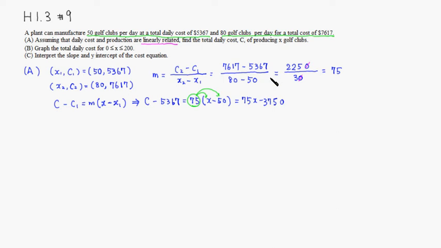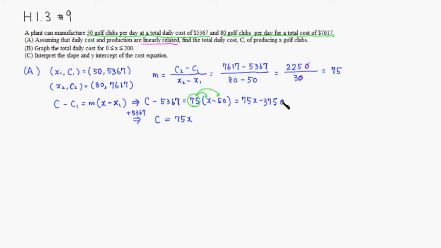Then we need to isolate c, so we just need to add 5,367, so that way we just have c and 75x. Then we add the 5,367 and subtract the 3,750.